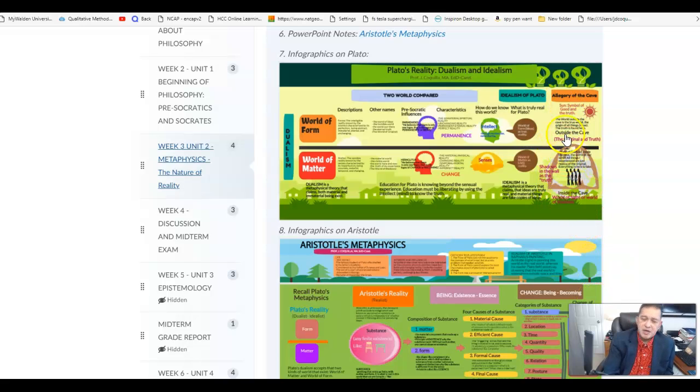Now, this last column here is what Plato thought in his story of the allegory of the cave, which also aligns with the two worlds. So when he speaks about experience inside the cave, Plato is thinking of the world of matter, where everything is just images, everything is just shadows, everything is just a replica.